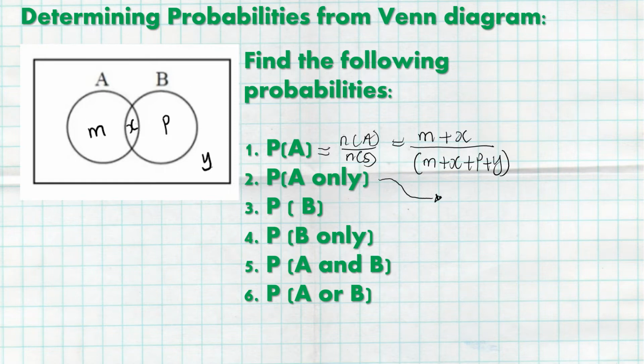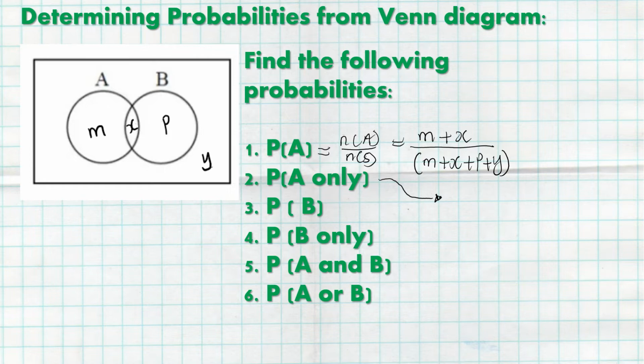Okay, so for number 2, they want you to get the probability of A only. What is the number of outcomes in A only? They are not saying A, but they are saying A only. So there's a difference, right?